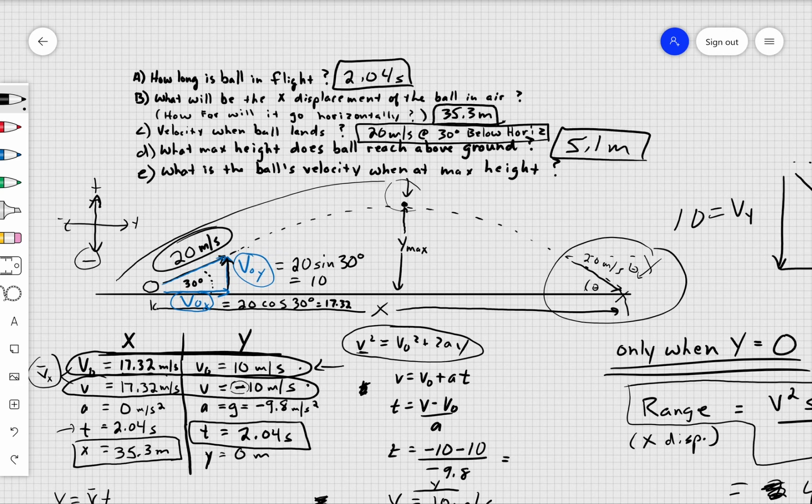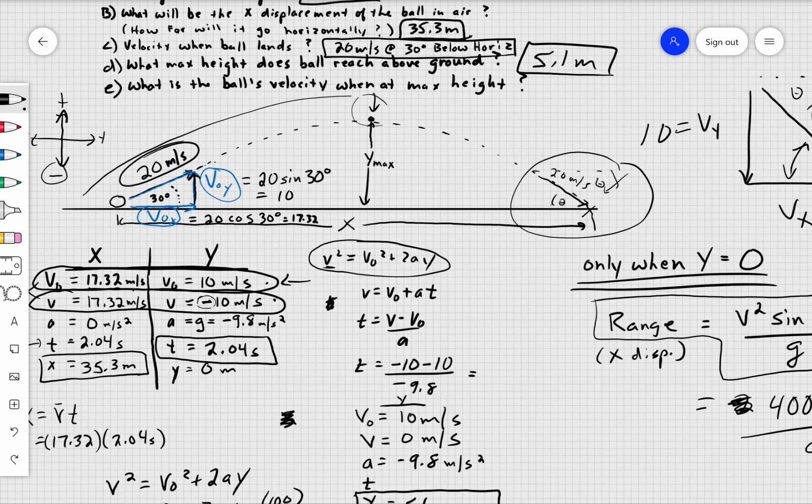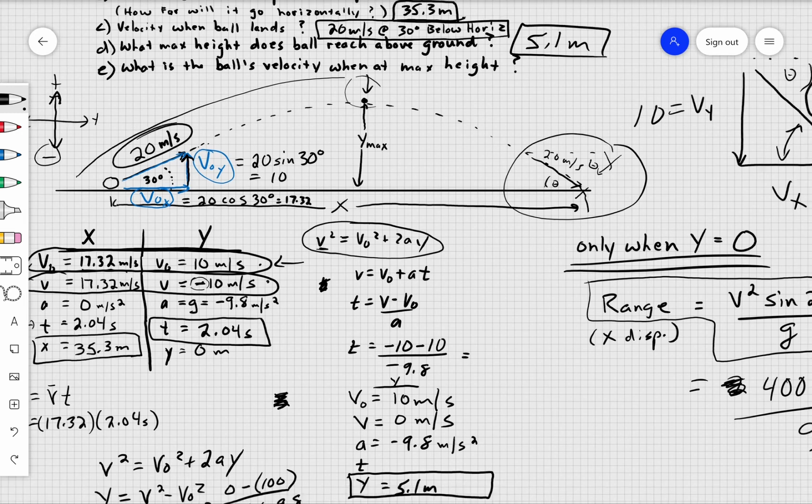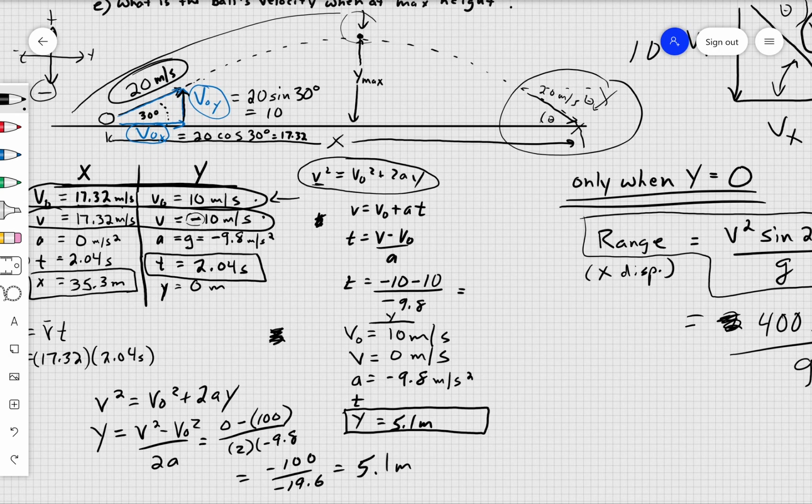And now let's take a look at its velocity when it is at maximum height. The y velocity at maximum height is 0. We just said that to solve for maximum height. So at its maximum height, it has an x velocity component of 17.32 meters per second and a y velocity component of 0.